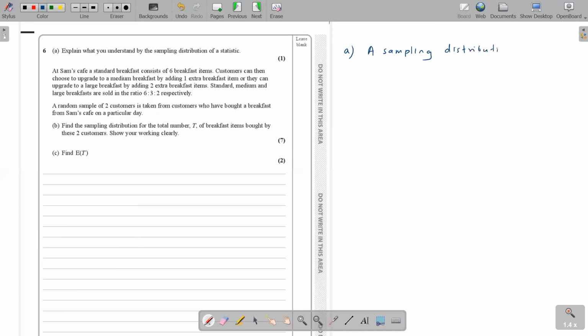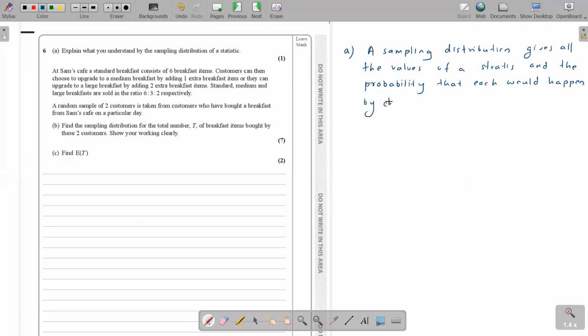A sampling distribution gives all the values of a statistic and the associated probabilities.